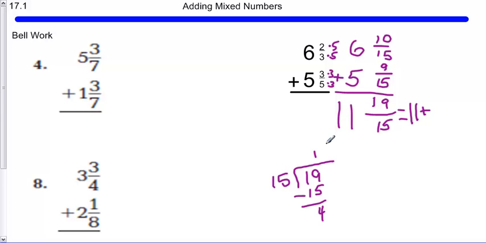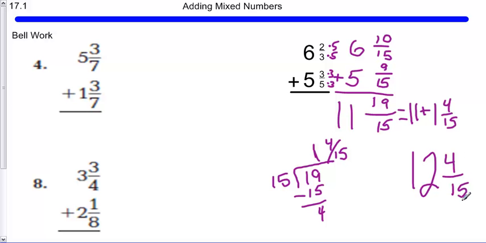So I'm going to add my whole number plus my mixed number, and that gives me 12 and 4/15. So 6 2/3 plus 5 3/5 gives me a grand total of 12 and 4/15.